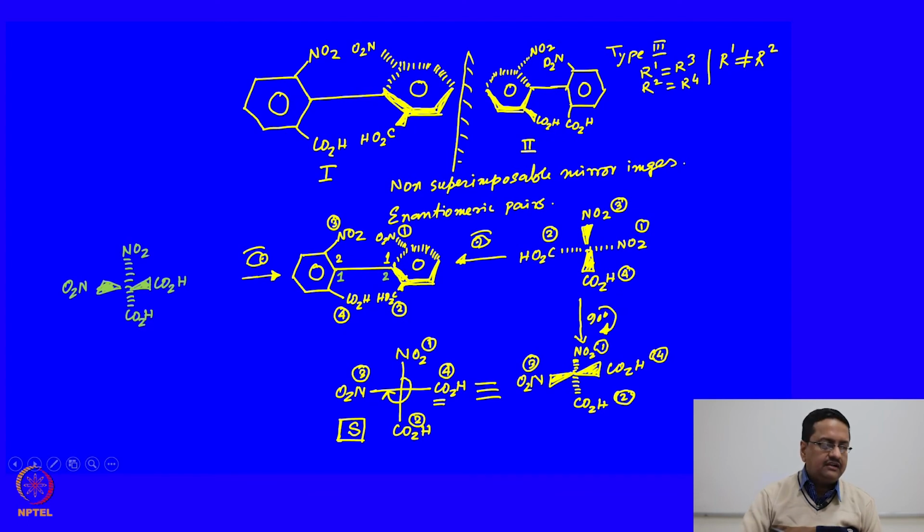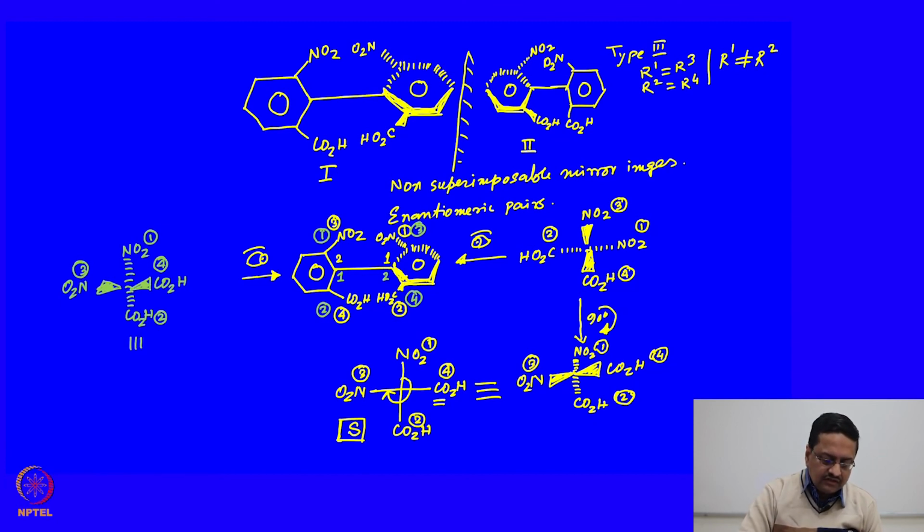Now, the priorities of these groups should be written looking at the first carbon. So, this is 1, this is 2, that is 3 and that is 4. So, this gets priority 1, 2, 3 and 4. What we see here is that this particular projection is like a Fischer projection.